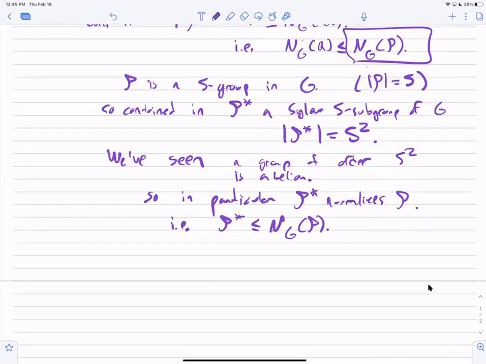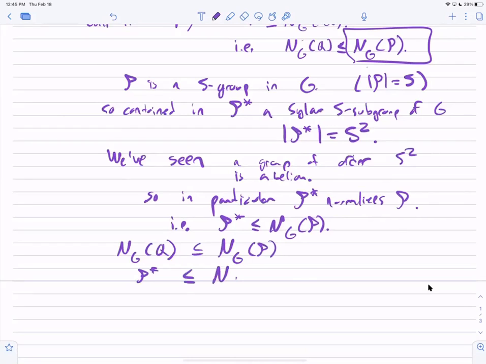So we now have two important facts. The normalizer in G of Q is a subgroup of the normalizer in G of P, and P star is a subgroup of the normalizer in G of P. The first one was because P was a normal subgroup of this normalizer, since it's the unique Sylow 5-subgroup.